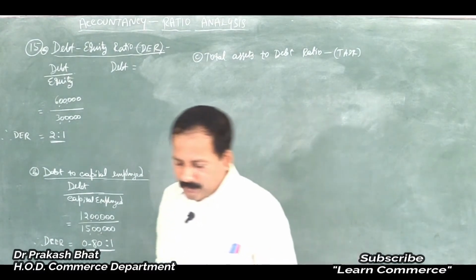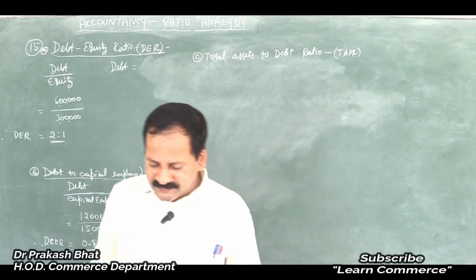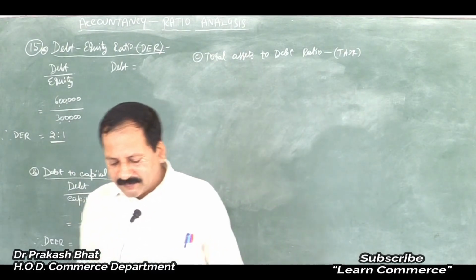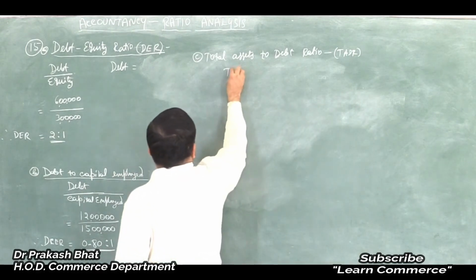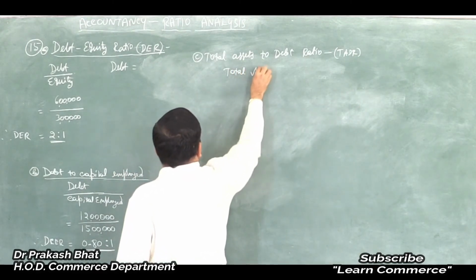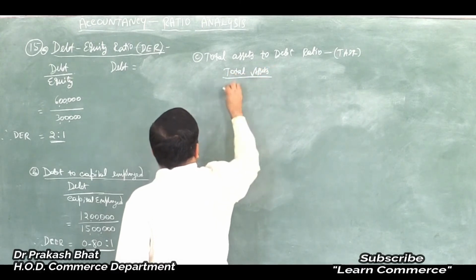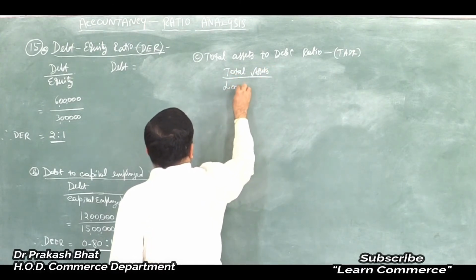Yes, write the formula. Total assets to debt ratio: the formula is total assets divided by long term debt.